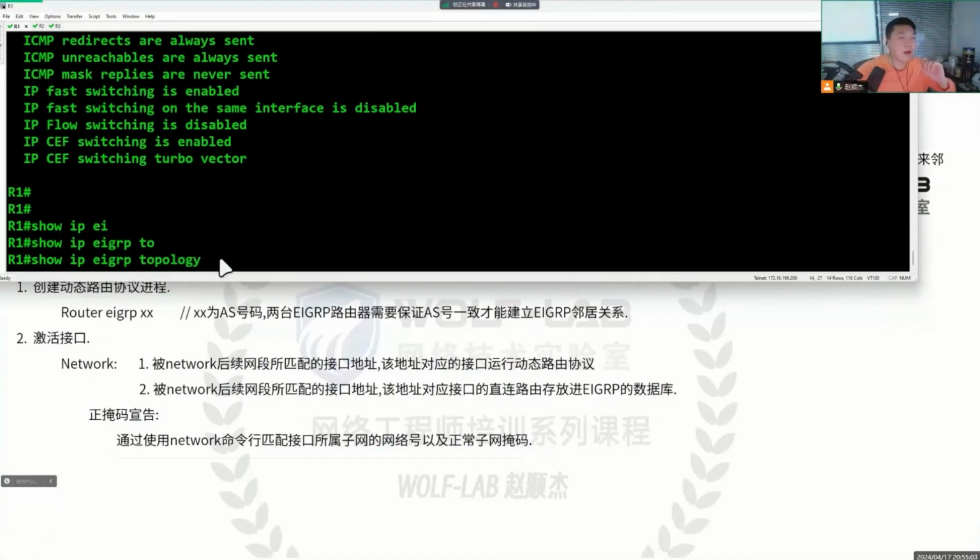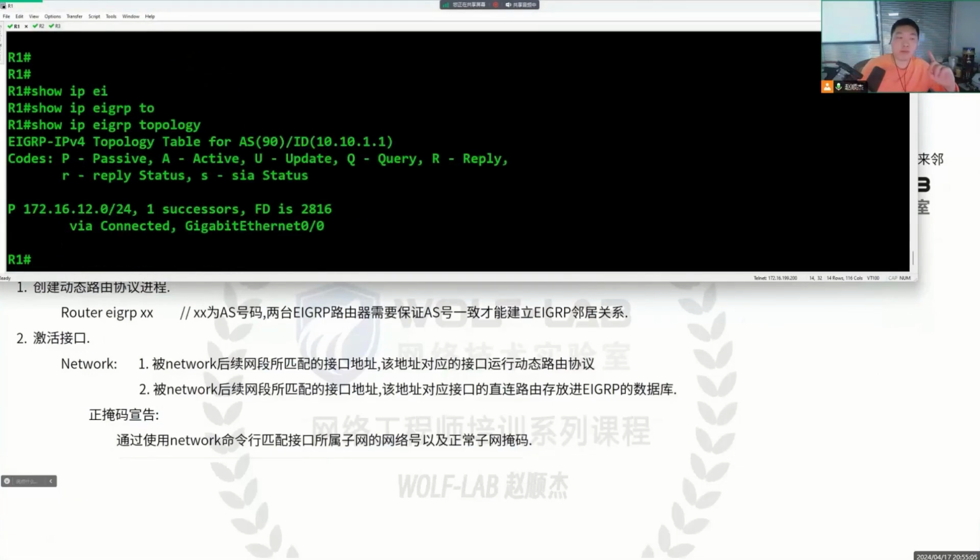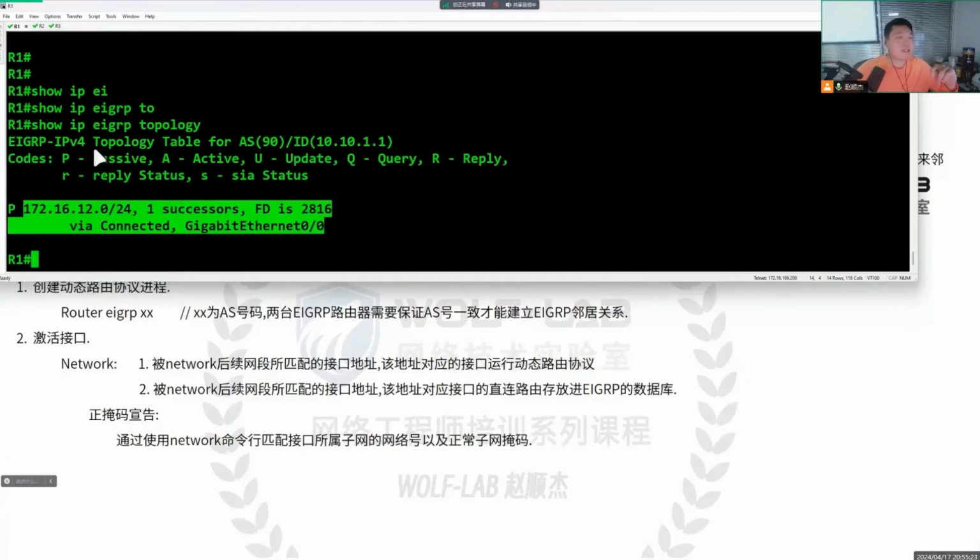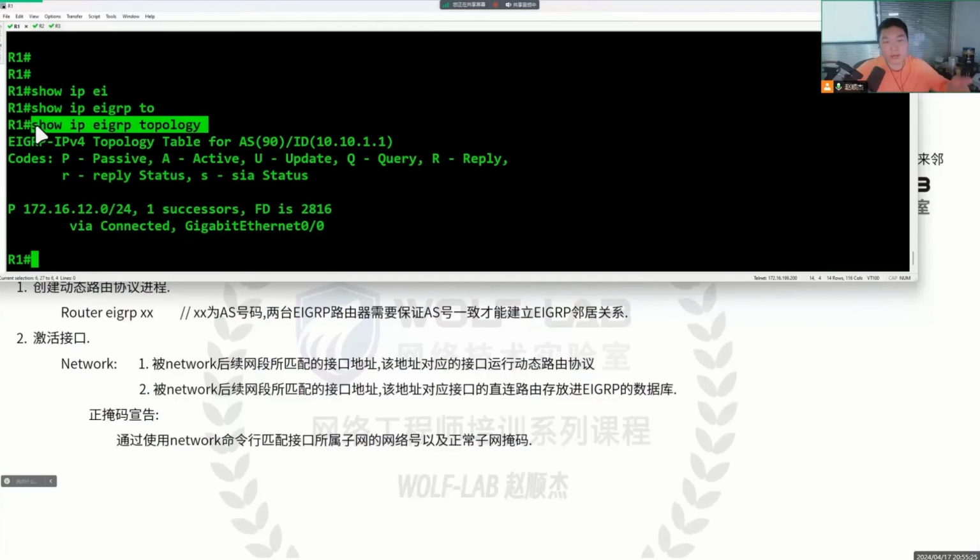If our R1 has another interface, our interface belongs to 10.10.1.0/24, such a subnet, then I can go to router EIGRP 90. In the process, activate the network interface, match the network segment of our loopback 1 interface, 25.25.25.0, which includes the host address 10.10.1.1/24.